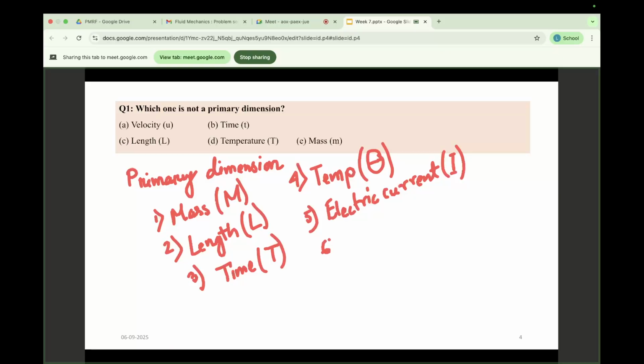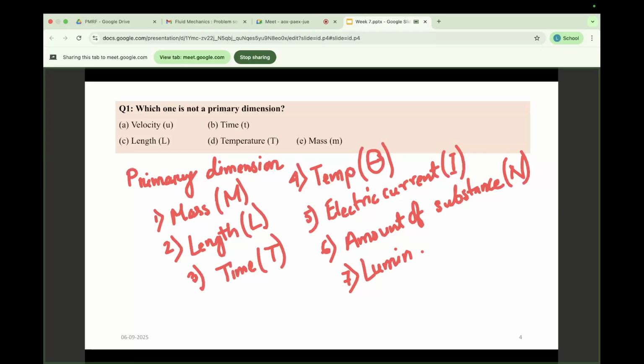Always remember this. Next is amount of substance, which is represented by capital N. And the last one is luminous intensity. So these are the seven fundamental or primary dimensions that are used.